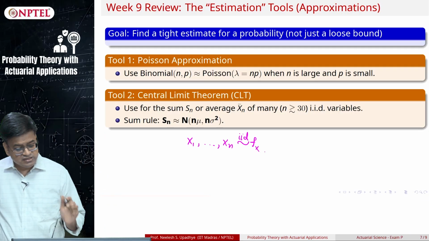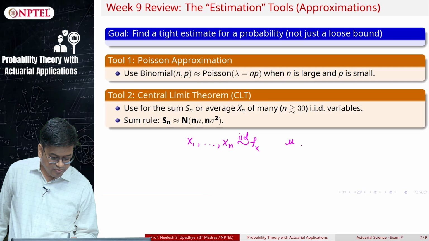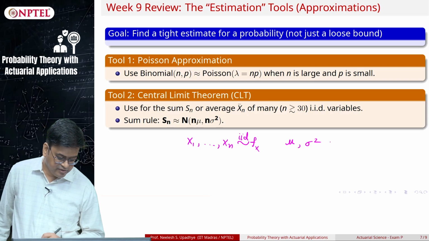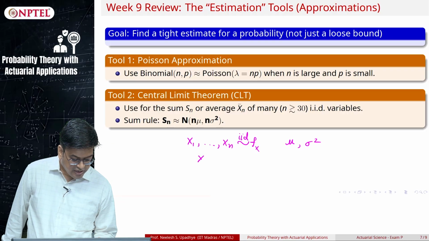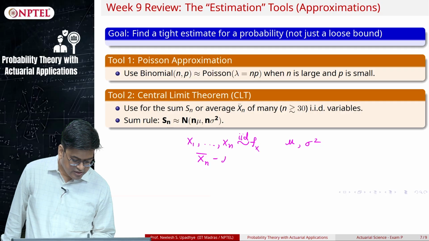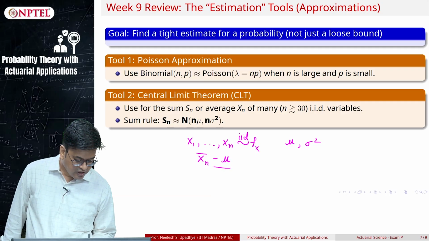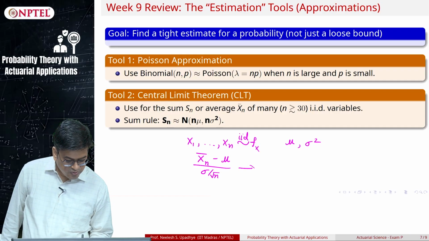I do not care, as long as they have finite mean mu and variance sigma square, I can use this tool and I can say my xn bar minus mu upon sigma over root n will go to normal 0 1.